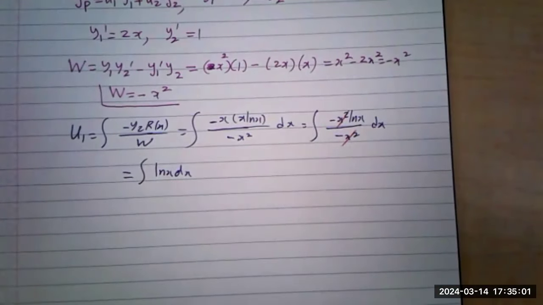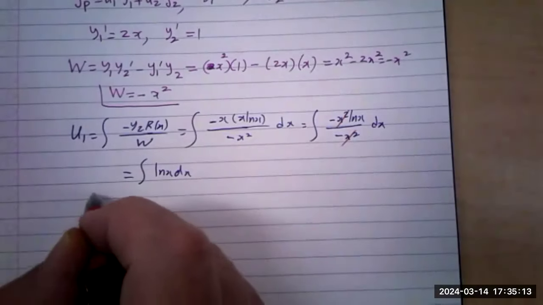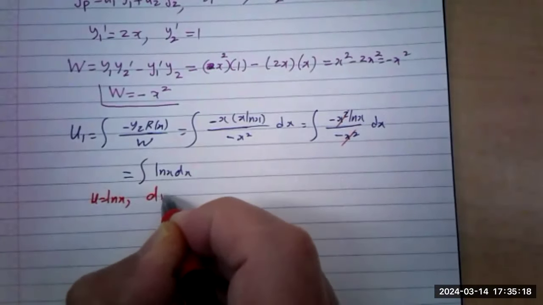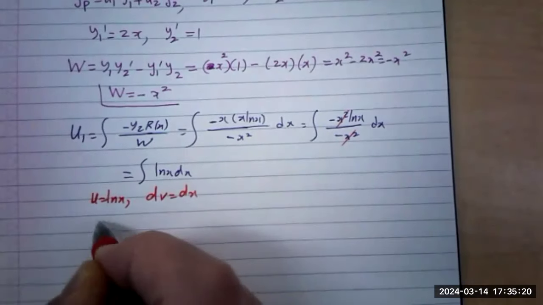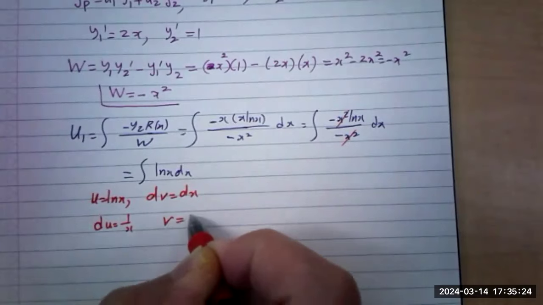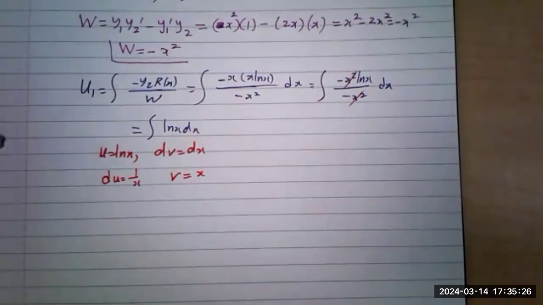If you memorize it, we don't mind: x ln x minus x. Otherwise, you can do it in 2 steps. Let u be ln x, dv is dx, so du would be 1 over x dx and v would be x.